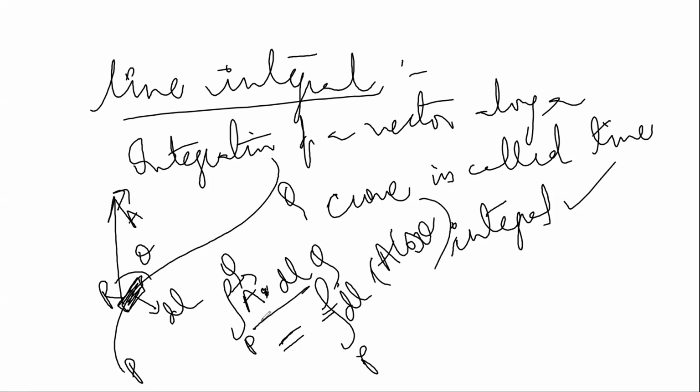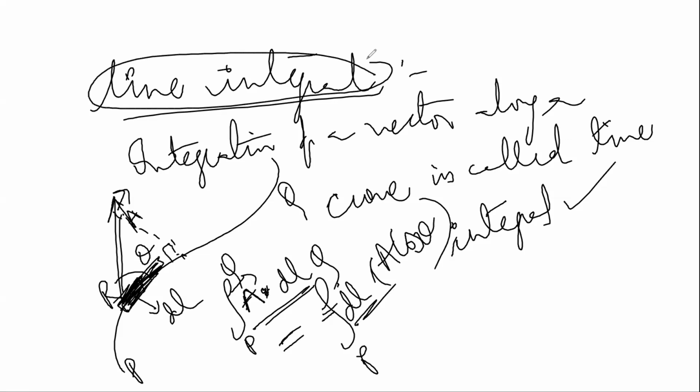So this is the dot product. We say that the component of A along this element dl is A cos theta, because this is the adjacent side, if I imagine a vertical line here, making 90 degrees. So the component of vector A along this dl element will be A cos theta into dl. That gives you the line integral, the integration of vector A bar along the curve PQ. I just want this because we have to define the curl of a vector field, and we need to know what a line integral is. The integration of a vector along a curve is called a line integral.